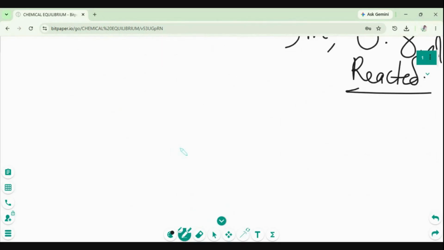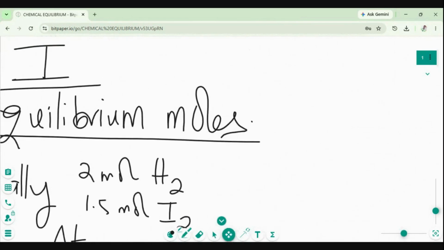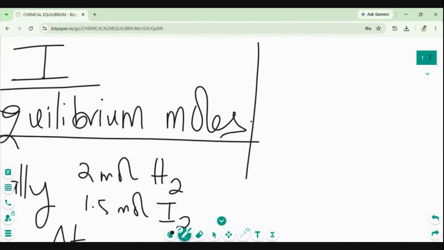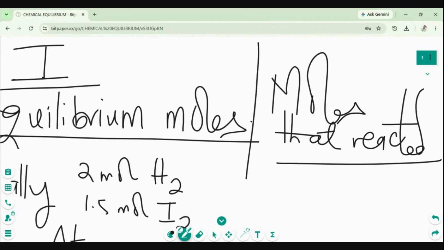So our case 1 is going to be equilibrium moles, or let's say they've given us moles that reacted. How would we handle a case where we've been given the moles that reacted?